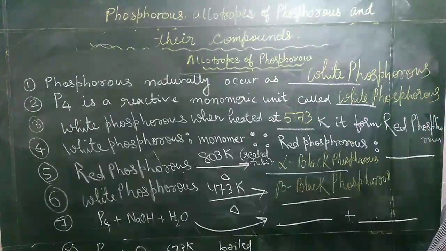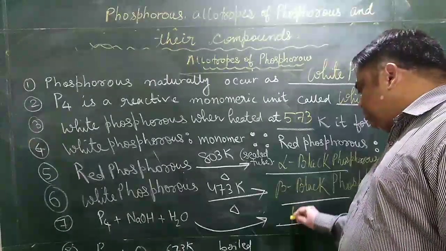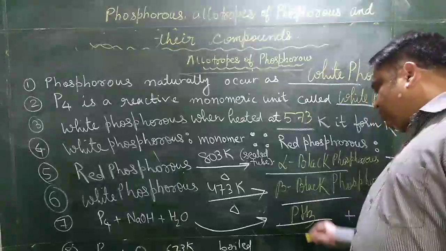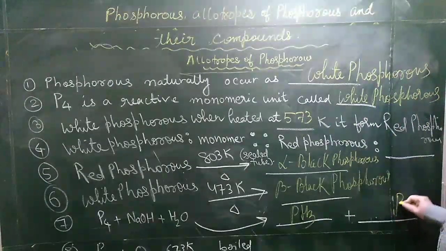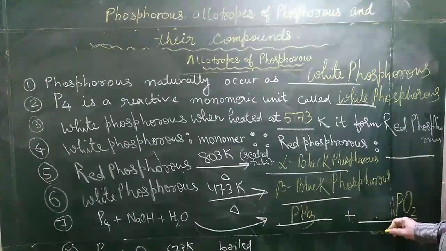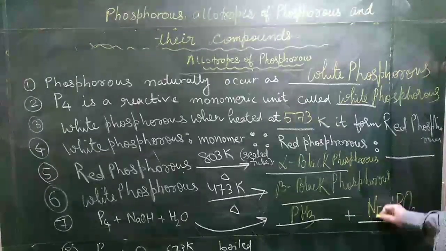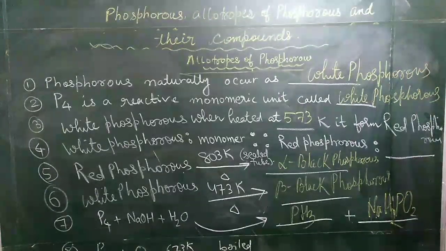P4 with NaOH, meaning alkaline water, when boiled forms PH3 and sodium hypophosphite. So phosphite is PO2 3 minus. So we can take 1 sodium and 2 hydrogen. So how can we balance it?